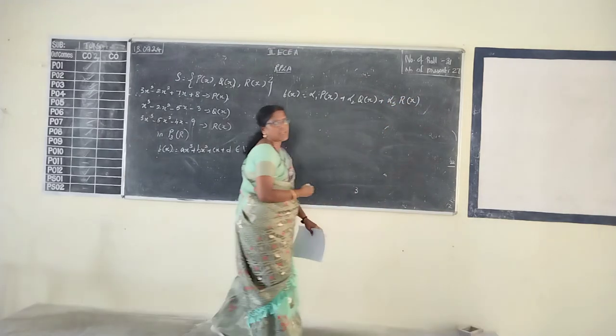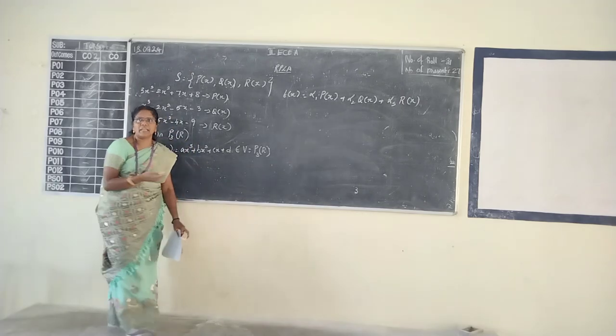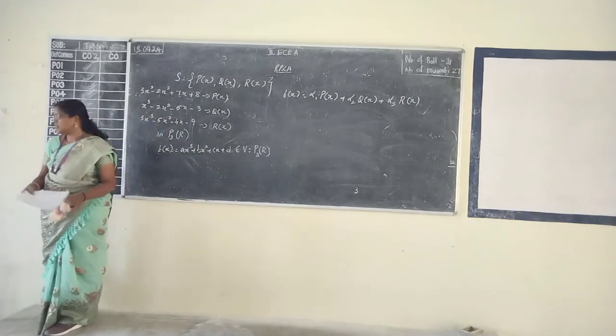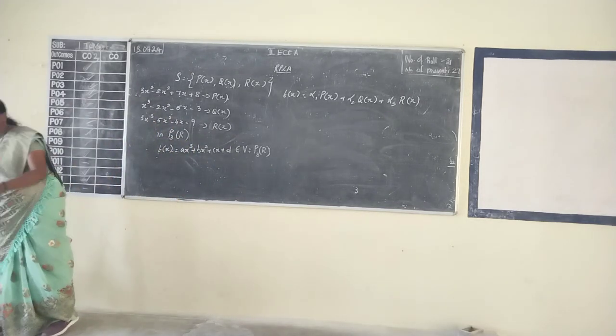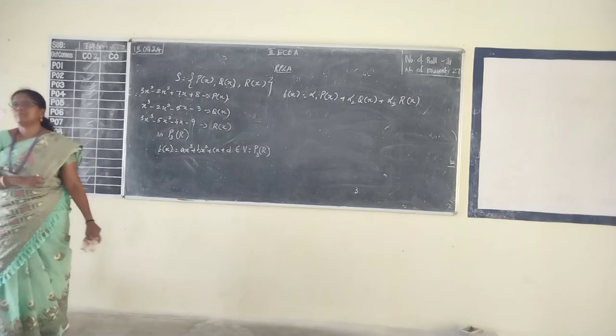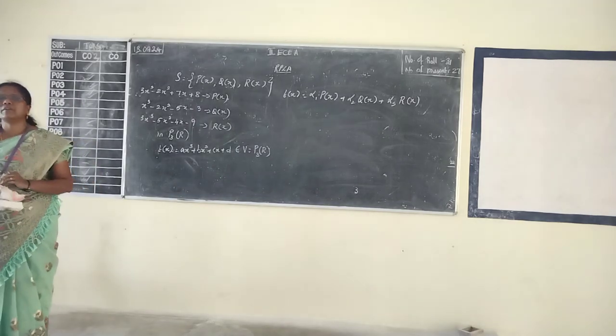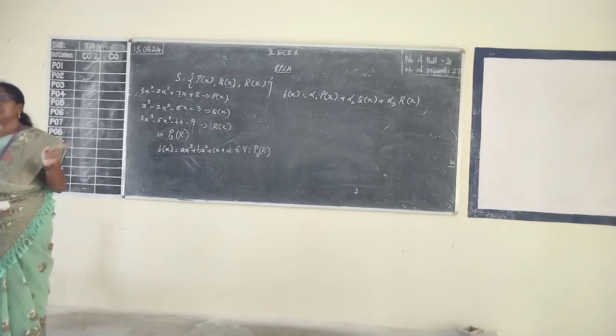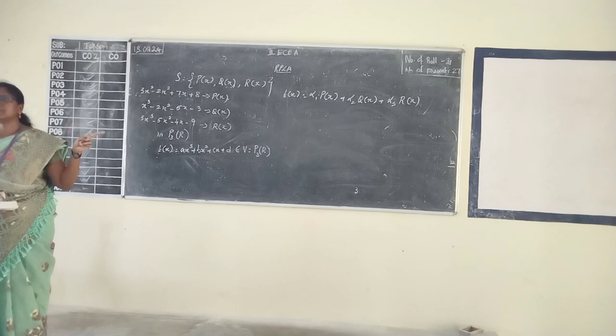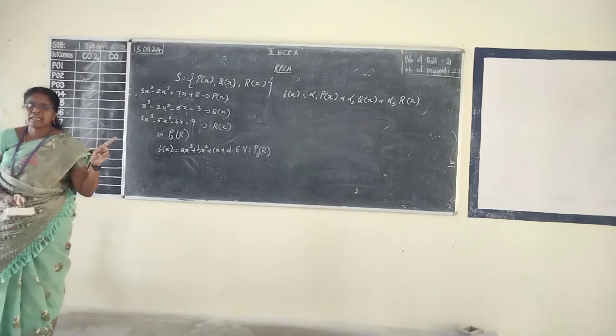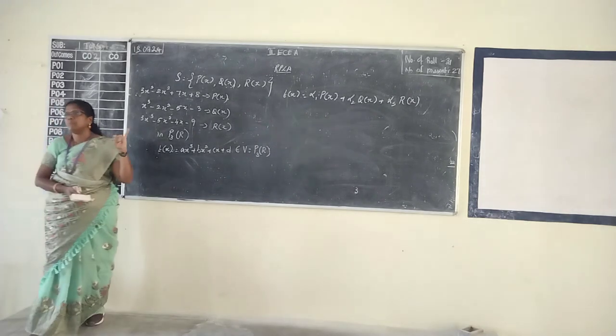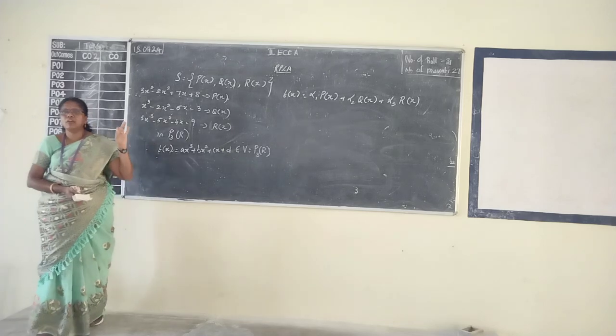Just for convenience, we are writing it as P, Q, R instead of writing the polynomials. How will you solve this? You have to combine the coefficients on both sides. You have to grab all the x cube terms, x square terms, x terms and the constants.